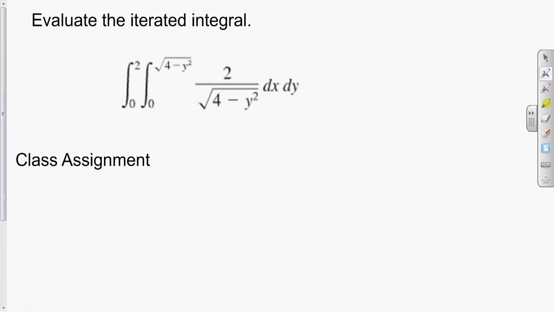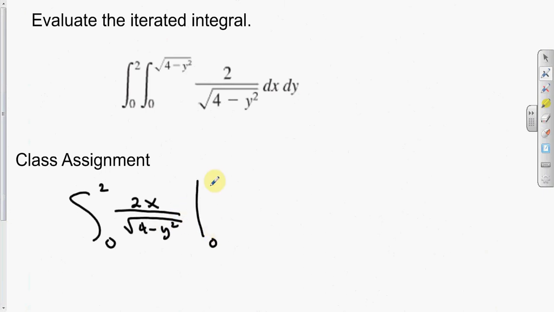You see the trick, it's easy. If you don't see it, then you kind of get stuck. So you first integrate with respect to x. This is the integral from 0 to 2, and this becomes 2x over the square root of 4 minus y squared, evaluated from 0 to the square root of 4 minus y squared, dy.